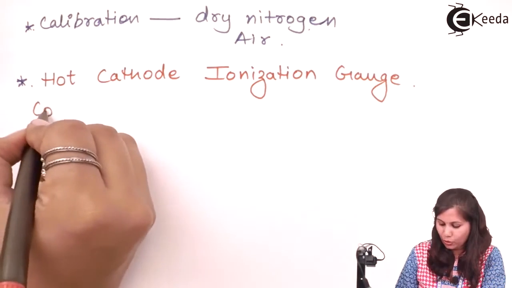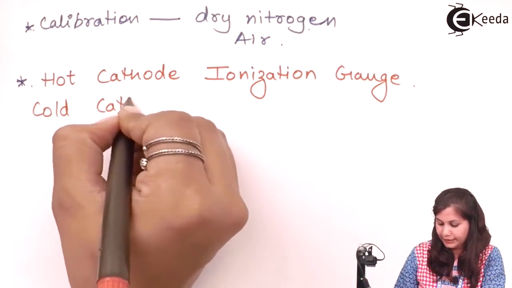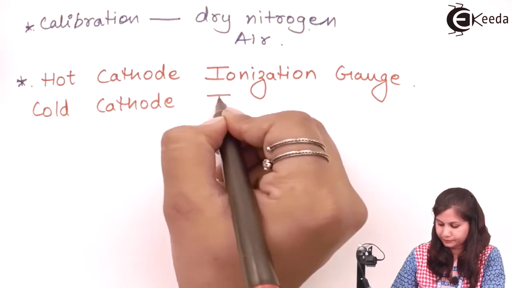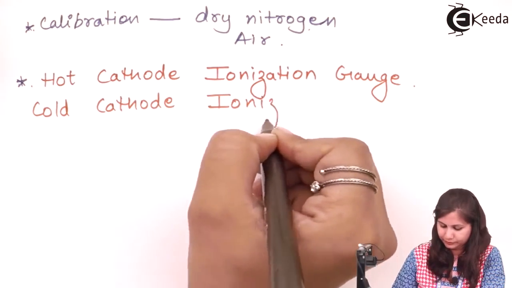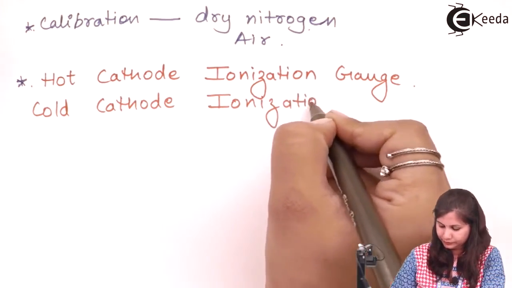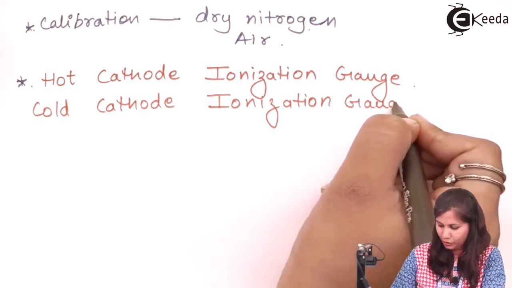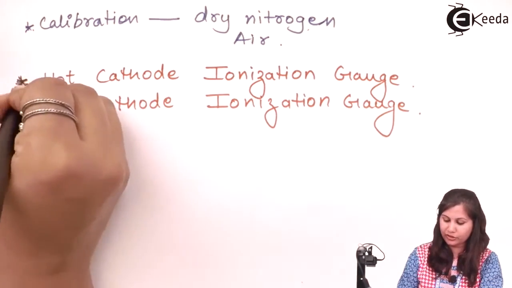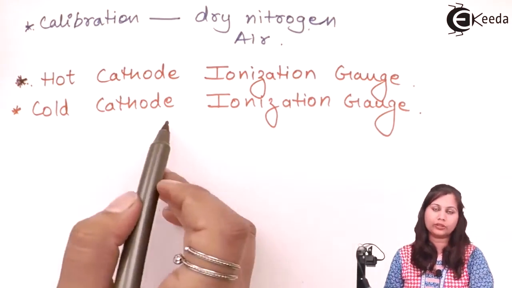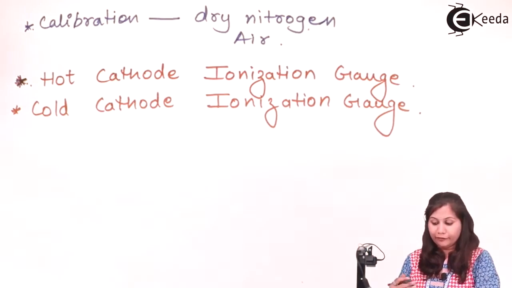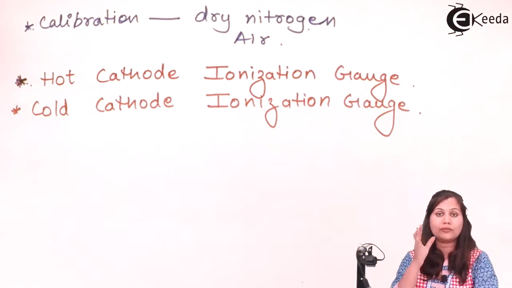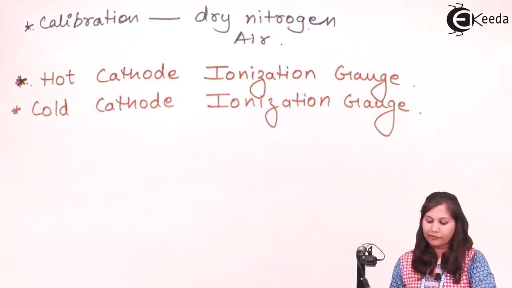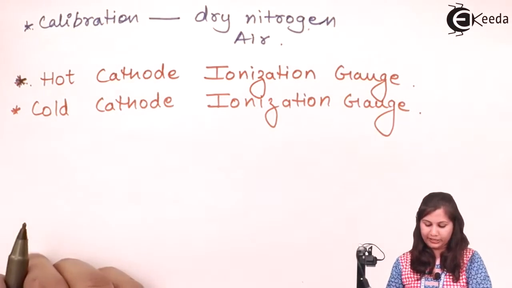Another one is the cold cathode ionization gauge. These two types are different from each other on the basis of the method used by them to produce the ions of the gas molecules. First we will start with the hot cathode ionization gauge.